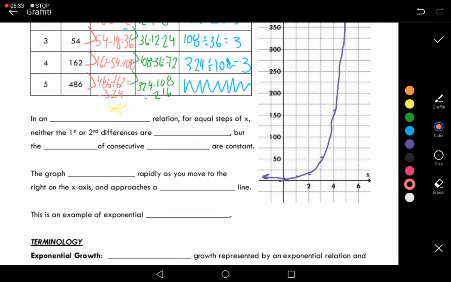So in an exponential relation, for equal steps of x, the first or second differences are constant. For equal steps of x, the first or second differences, well, they're not constant, rather, are not constant.